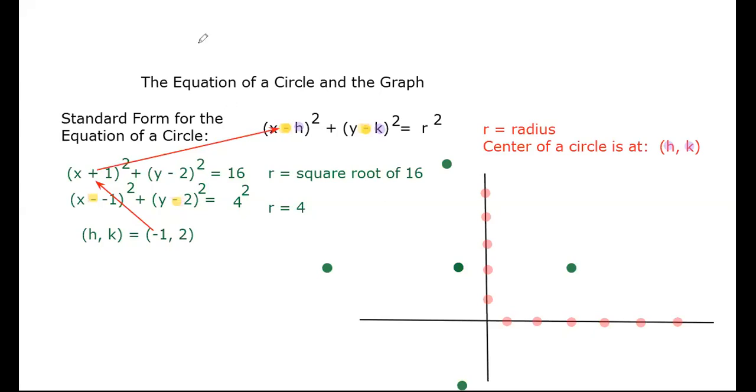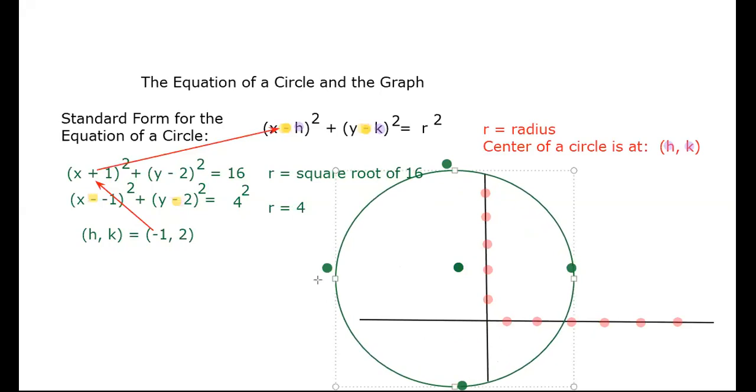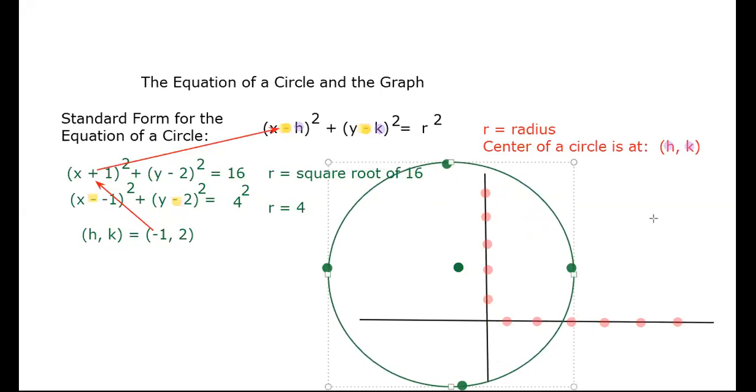Pencil that in, and I just kind of guessed on that circle, hoping for the best. And there's you a circle centered at -1, 2 with a radius of 4, right? The only tricky thing about the standard form of the equation of a circle is when you have a plus sign in there, because that negative is part of the equation.